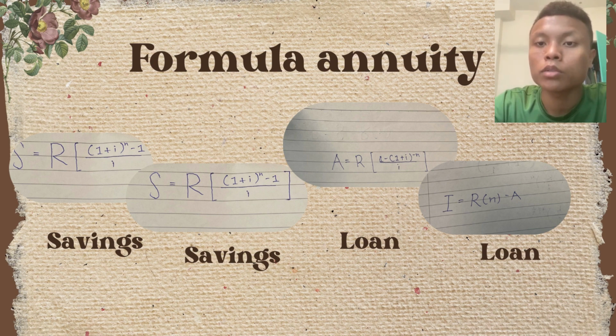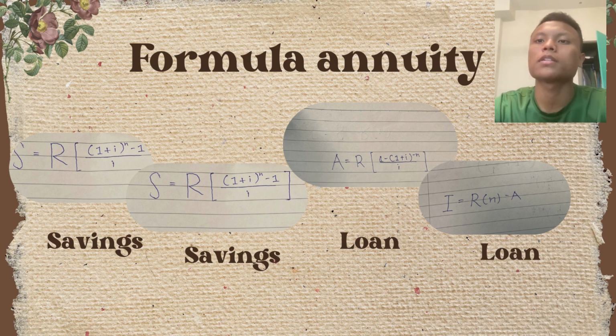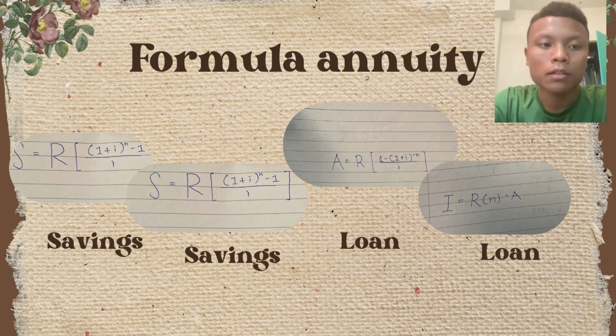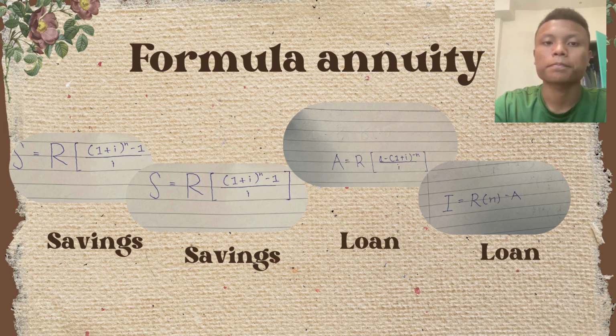They are divided into two, which are saving and loan, and each of saving and loan has two formulas. The first formula for saving is S equals R, bracket 1 plus i close bracket to the power of n, minus 1, over i. The second formula for saving is I equals S minus R times n.